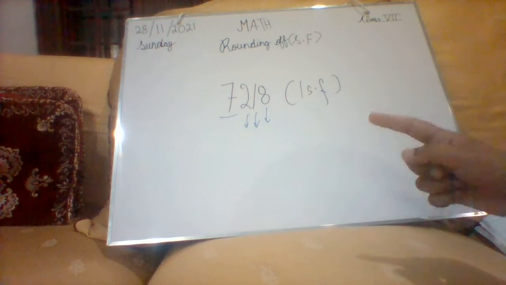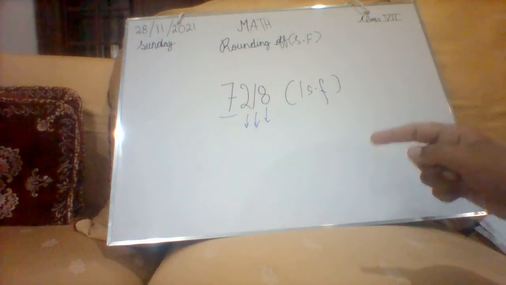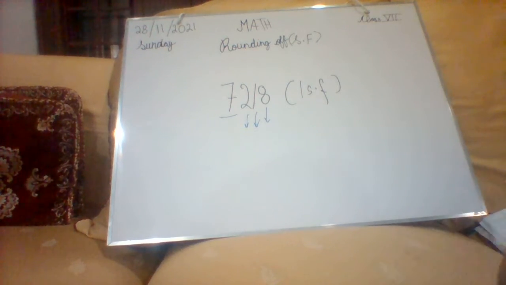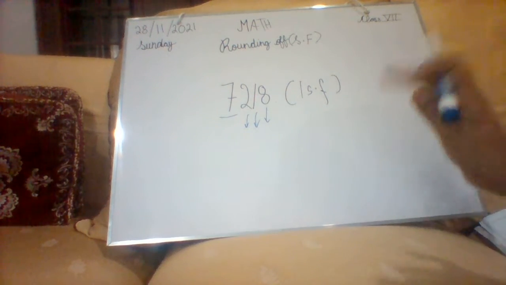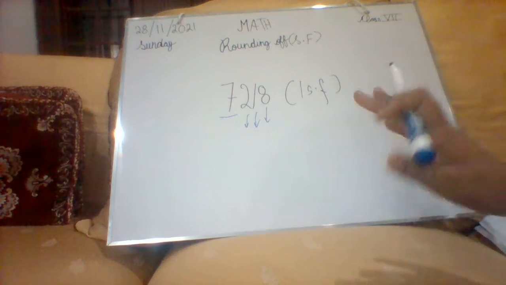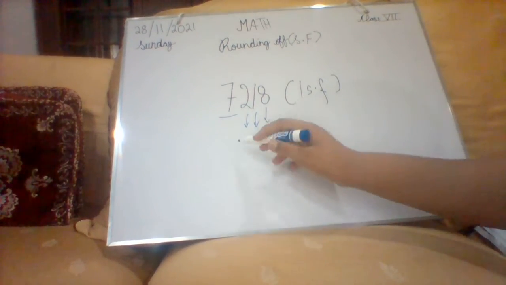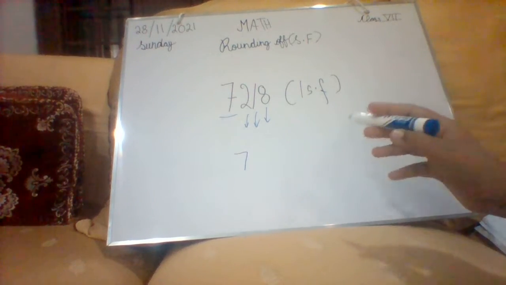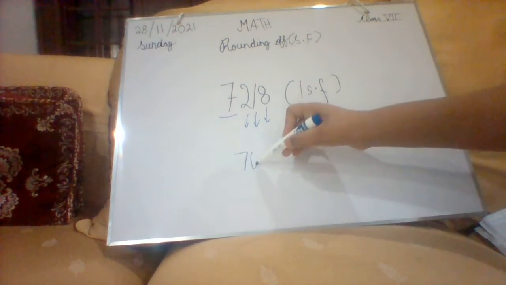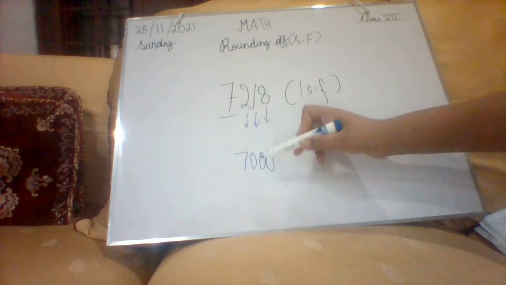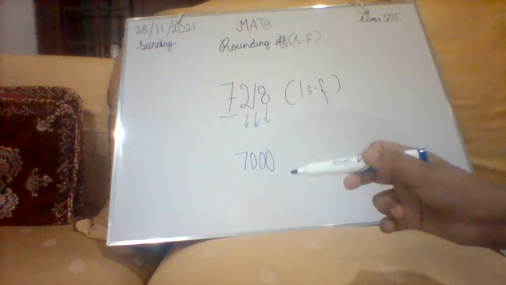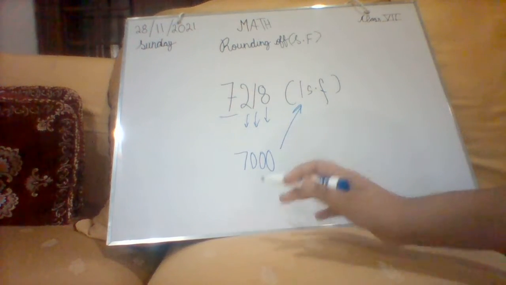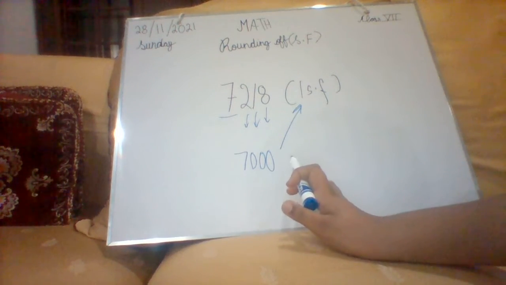Right now the next digit is 2, so we drop it. Is our answer 7 only? No, we have to write the next 3 zeros, because they have place value. It makes 7000, but this is one significant figure, that is 7. These 3 are trailing zeros.